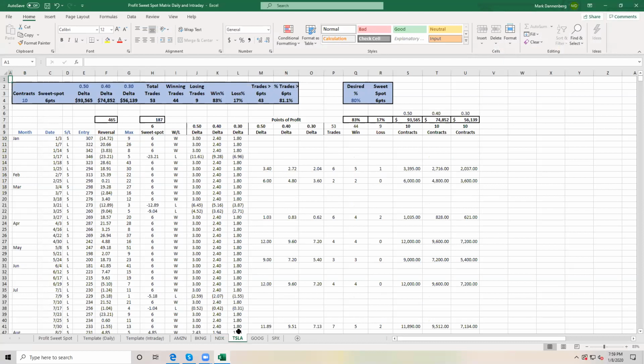That's a $14,000 commitment. But 10 contracts on Tesla at an 80% win rate get you $74,000 without being concerned that I might miss a bigger move, that I need to get in a little earlier, without complicating it.